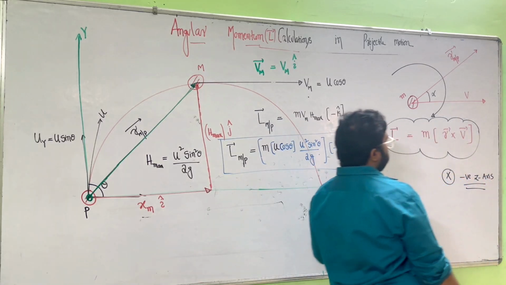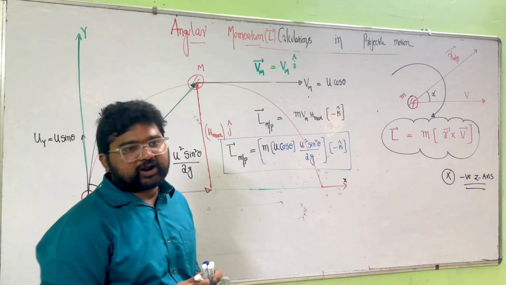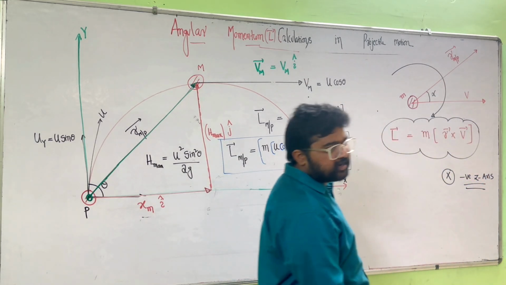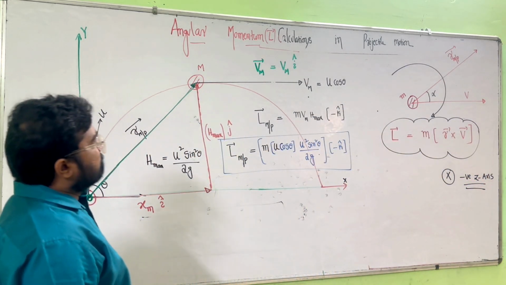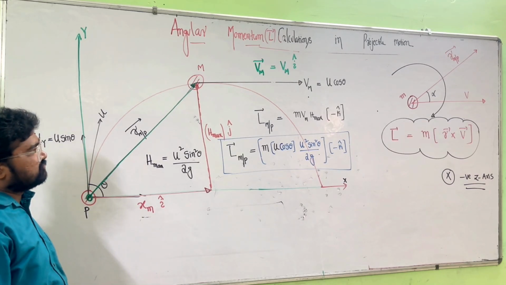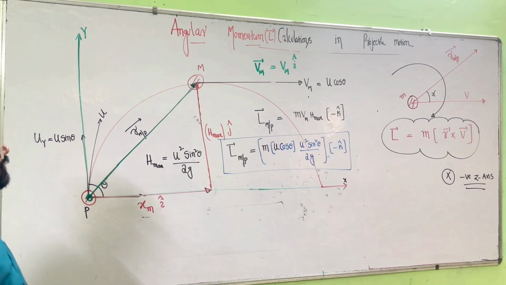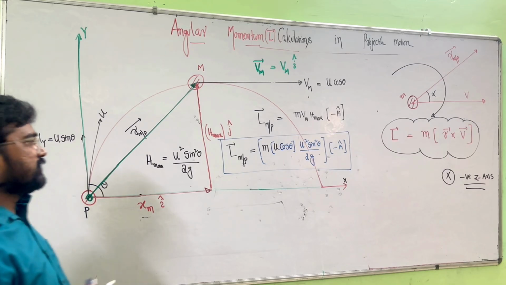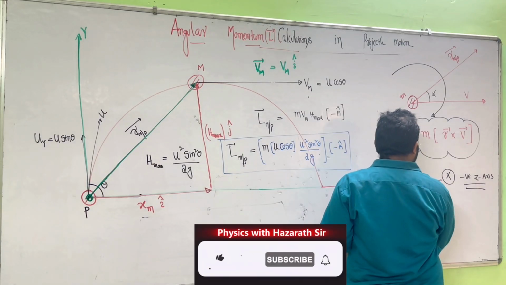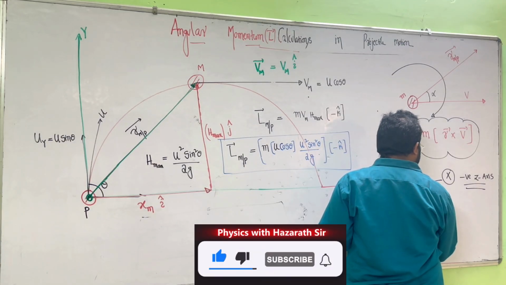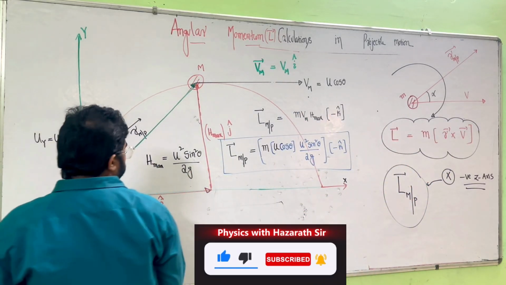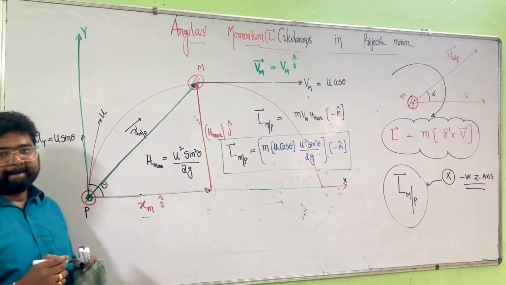First R bar, next V bar. Straight away we can say the angular momentum at maximum height with respect to point of projection. Clear?